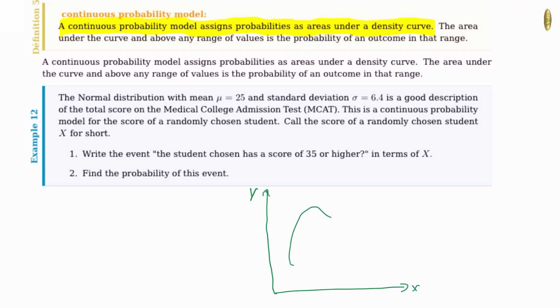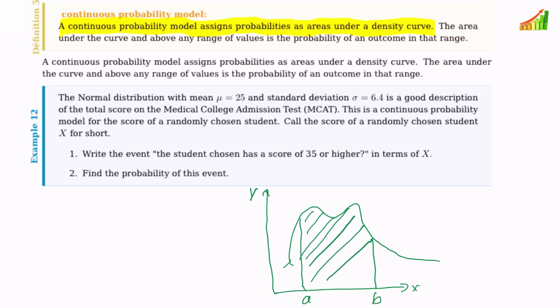So this is the probability density curve. How do we find the probabilities between A and B? The area under the curve and between A and B. This is always above the x-axis. So this is the probability.